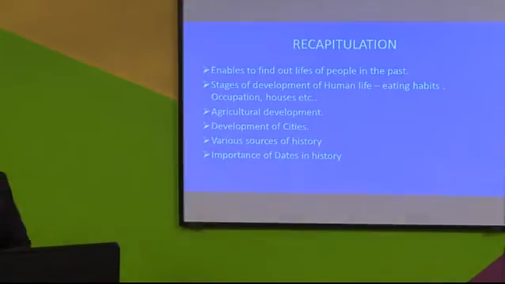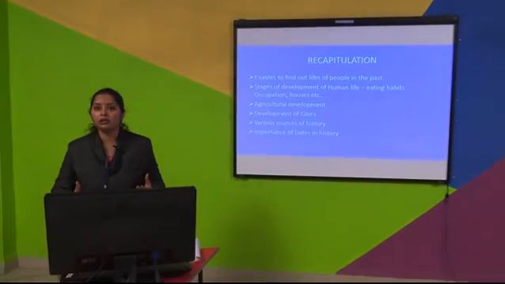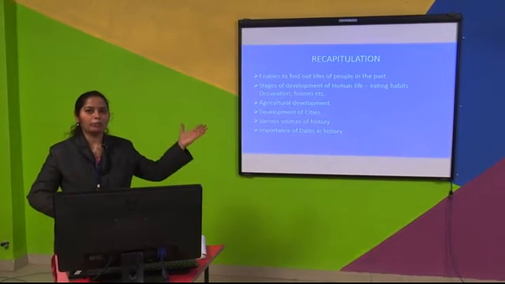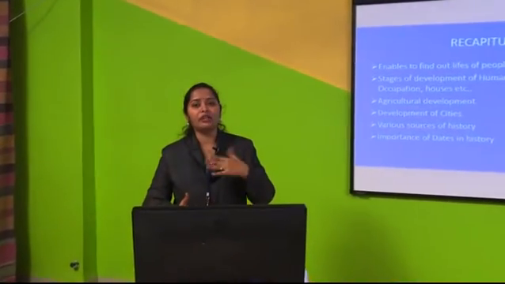And third point is the development of agriculture, how agriculture actually developed. Like in Suleiman and Kartik, first wheat and barley were introduced, and again in the Vindhyas rice was introduced. So this is how agriculture slowly started developing.